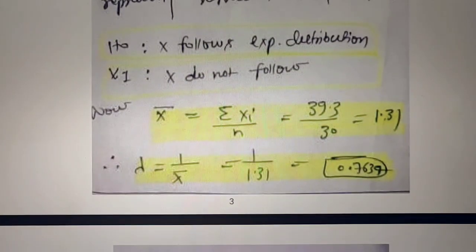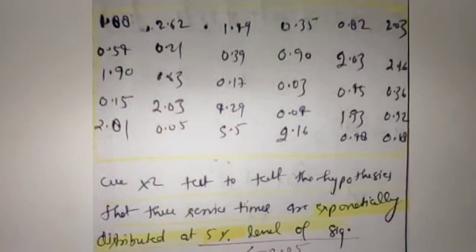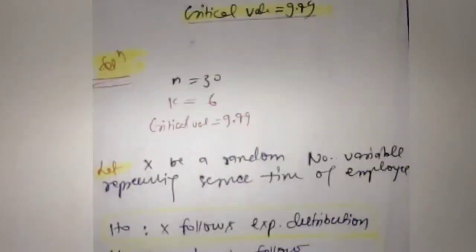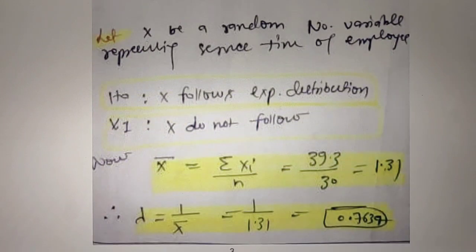For proceeding, the first thing we have to calculate is the mean value. For the mean we just do the summation of the xi's, that is, we add these recorded values and find the total sum, which is equal to 39.3, and n is 30 as defined in the question.